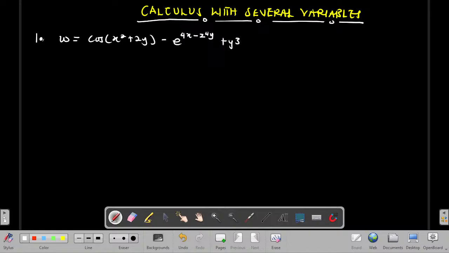So this is the function we have, and we are supposed to find all the partial derivatives for this function.